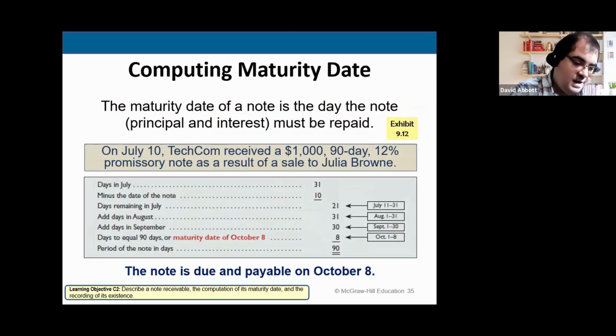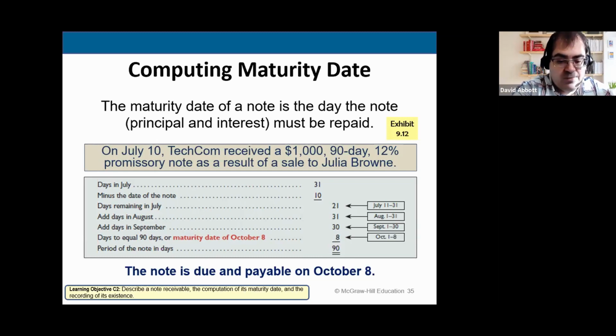Computing the maturity date. The maturity date of a note is the date the note, which would include principal and interest, must be repaid. The period of a note is the time from the note's contract date to its maturity date. Many notes mature in less than a full year, and the period they cover is often expressed in days.